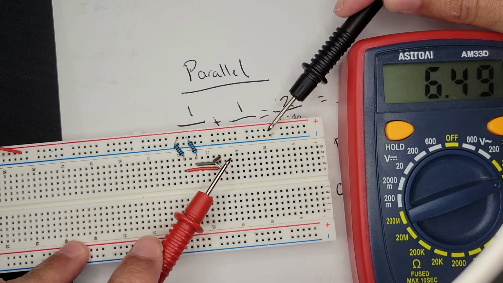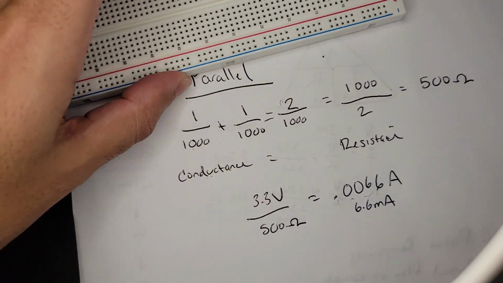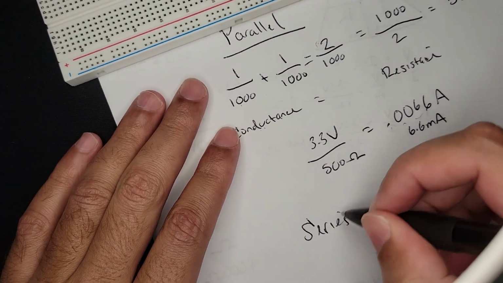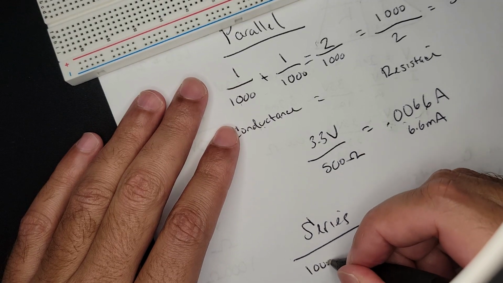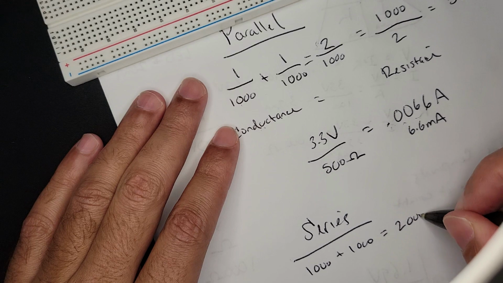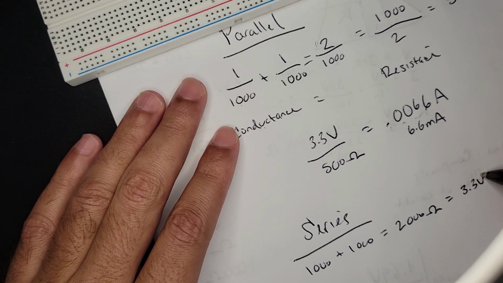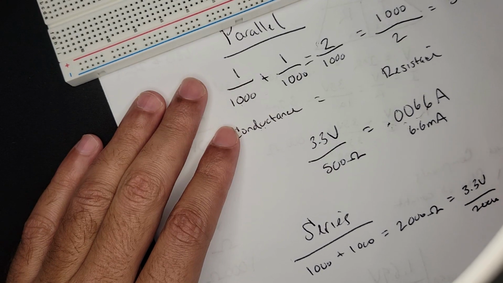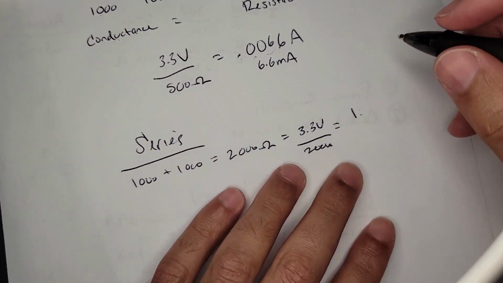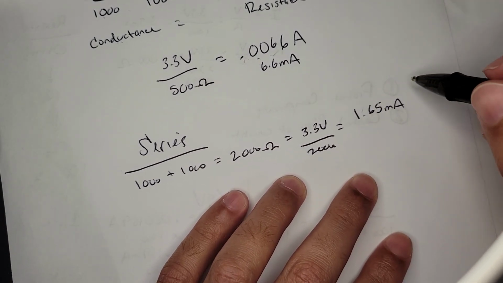But we can see that in series, if we had a 1000 ohm resistor and another one, then we would be at 2000 ohms, and 3.3 volts divided by 2000 would give us 1.65 milliamps, right?